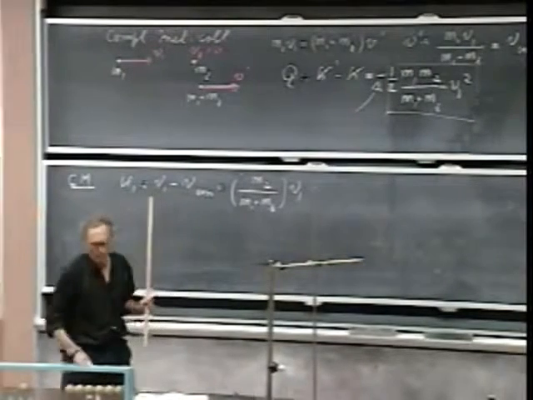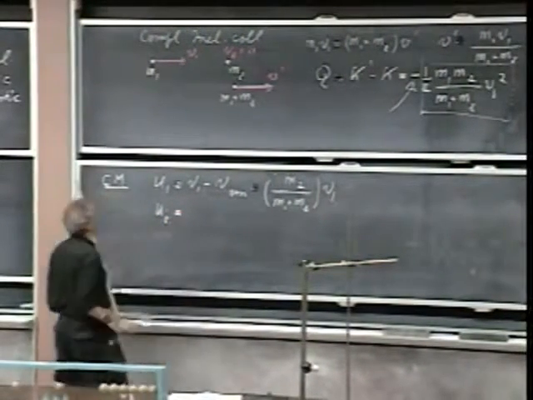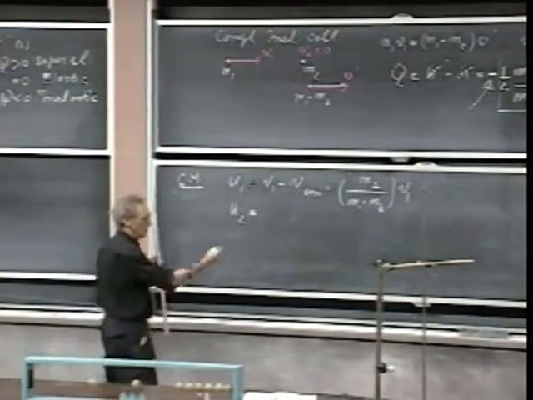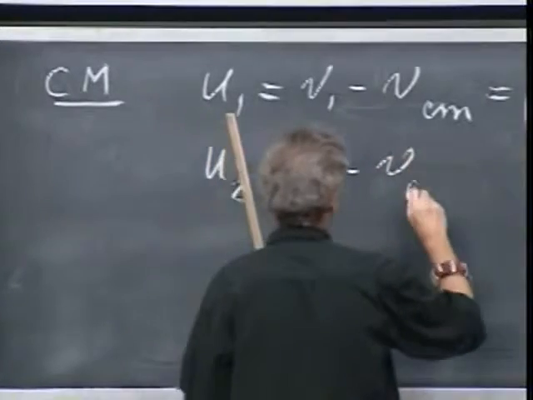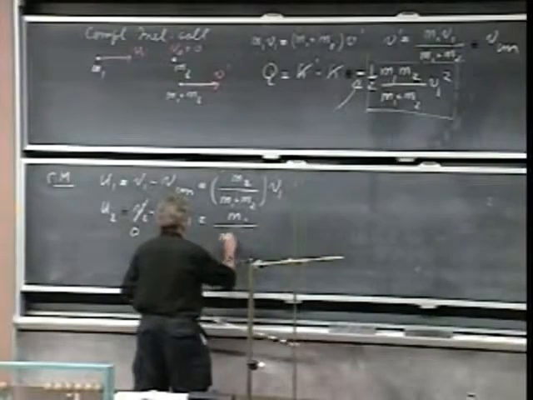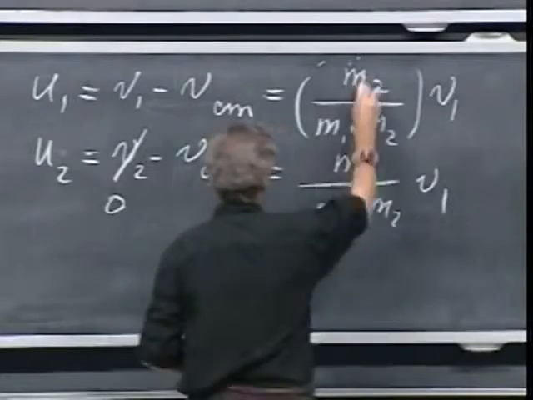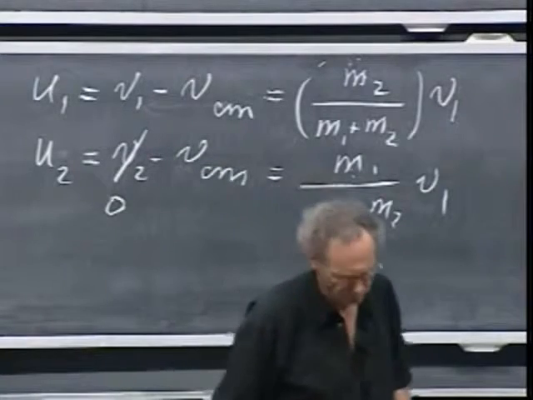And you check that, I hope. And now we calculate U2. We want to know what the velocity is in the center of mass frame of the other one. That, of course, is V2 minus V center of mass, but V2 was 0. This is M1 divided by M1 plus M2 times V1. So the difference is only the M1 upstairs and the M2.